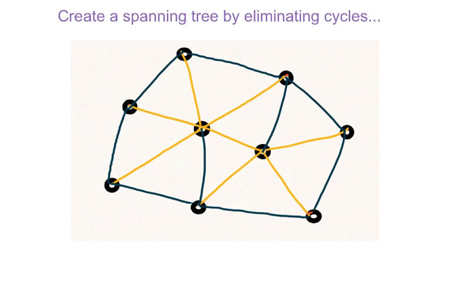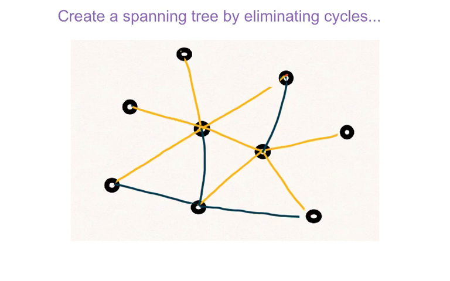So if we take off this, you can tell that that little triangle right here no longer exists. So this was a cycle that just got eliminated, and then we'll keep going. If we go all the way around, we can see that we've eliminated most cycles from this graph.